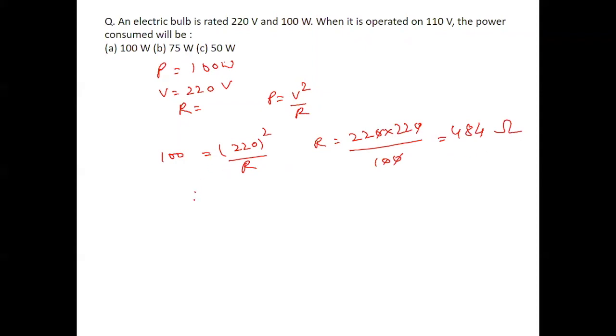Now power we don't know, to be calculated, and volt is 110 volt, and resistance we know is 484 ohm. So can we calculate it? 110 square by 484. Give me the answer.